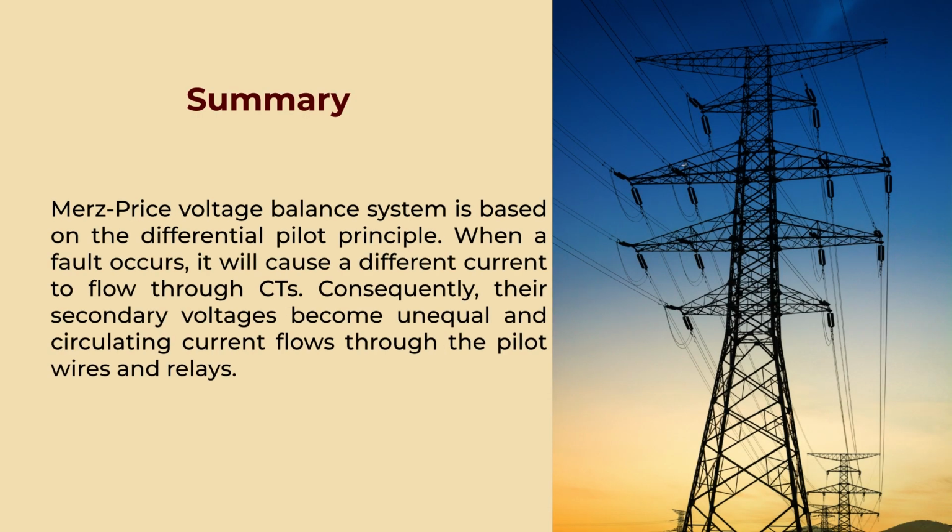Under unit protection, we covered the differential pilot wire protection. Under that scheme, we discussed the Merz-Price voltage balance system. Under healthy condition, the current entering at one end is equal to the current leaving at the other end. Therefore, equal and opposite voltages are induced in the secondaries of the CTs at the two ends of the line.